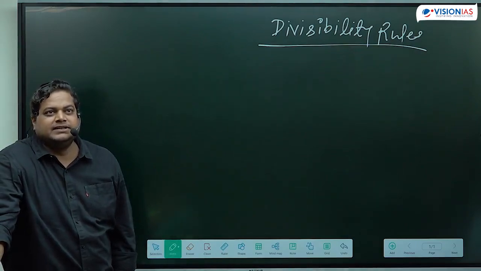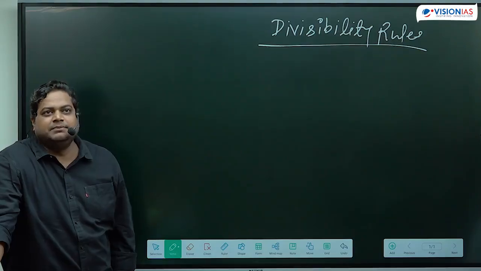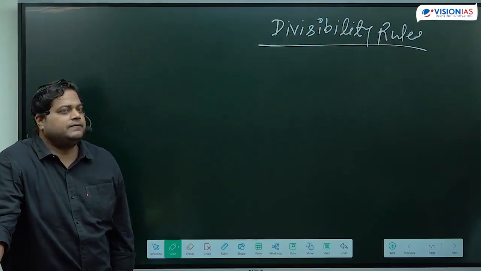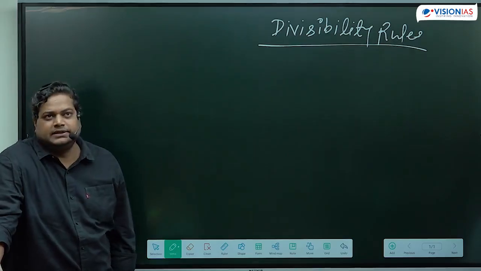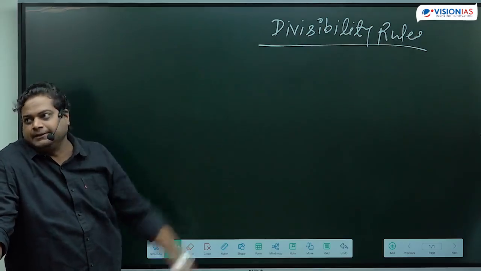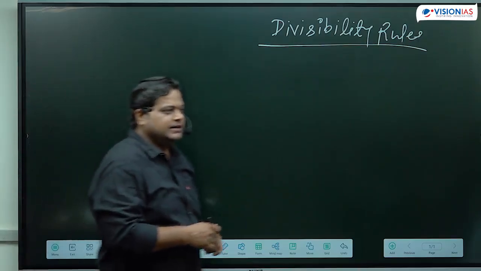What is cyclicity? Cyclicity will come in subtopic of this unit digits. After this divisibility rule, we'll start unit digits. In that cyclicity will come.